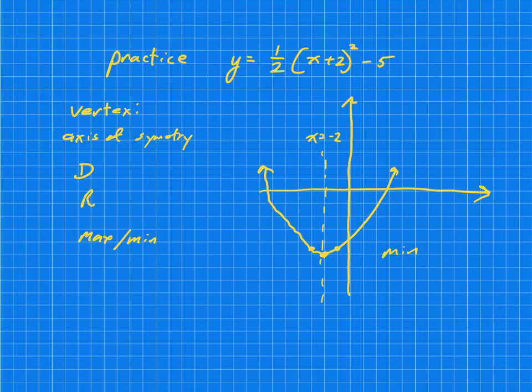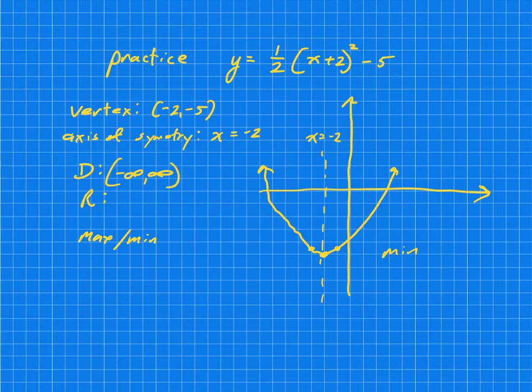Okay, this is what I came up with. I have a vertex at -2, -5. My axis of symmetry is x equals -2. My domain, as usual, is -infinity to +infinity.